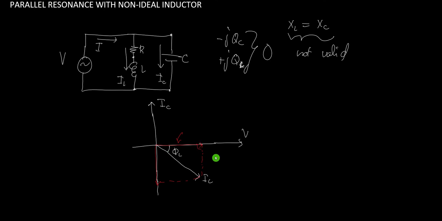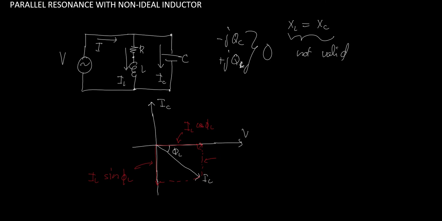This is a right triangle, your hypotenuse is IL, so this should be equal to IL times cosine of that angle phi, because this is the adjacent side. While this component here is the opposite of this angle, so it is IL times sine of phi L. These are the two components of IL.